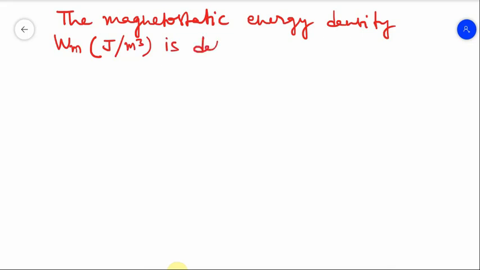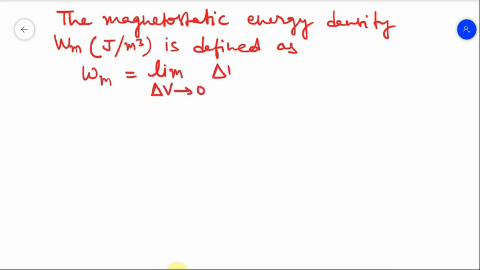It is defined as Wm equals limit del V, volume tending to 0, very small volume, of del Wm upon del V, and this is equal to half mu h square.